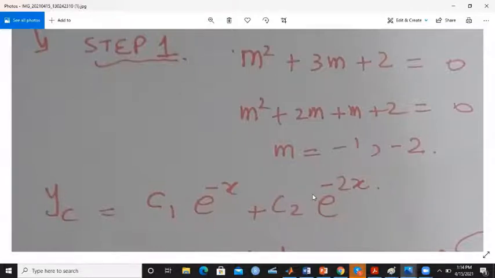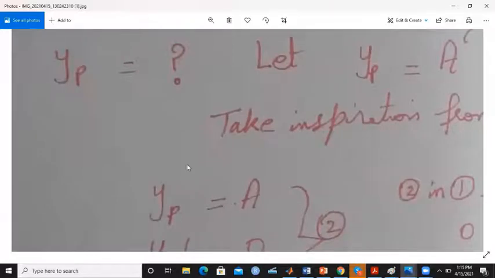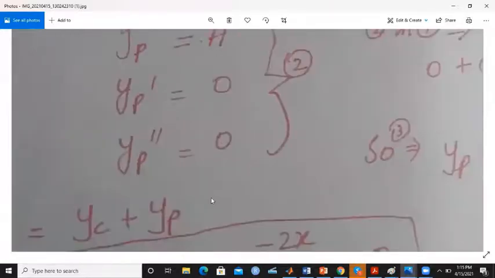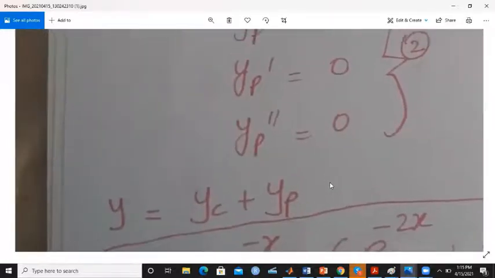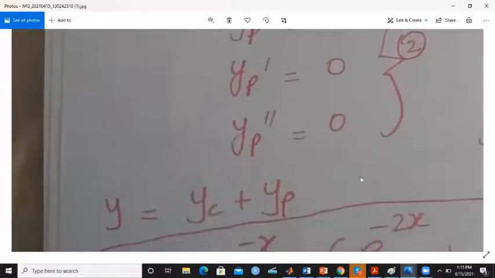But because in this case I have two solutions, complementary and particular, for the homogeneous part I will call the solution yc, and for the particular part I will call it yp. For the final solution, I will say that y is equal to yc plus yp. So this is the specific rule.